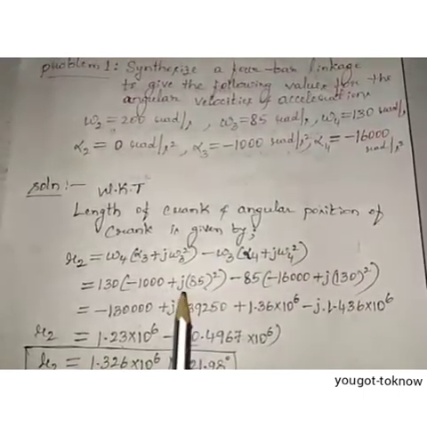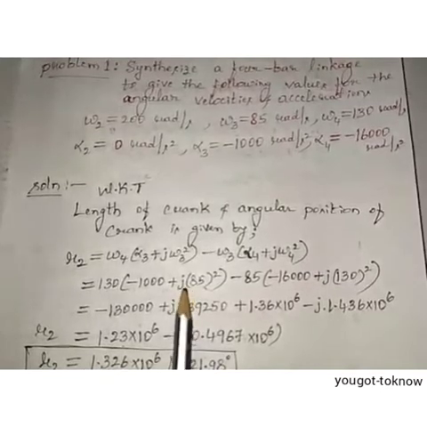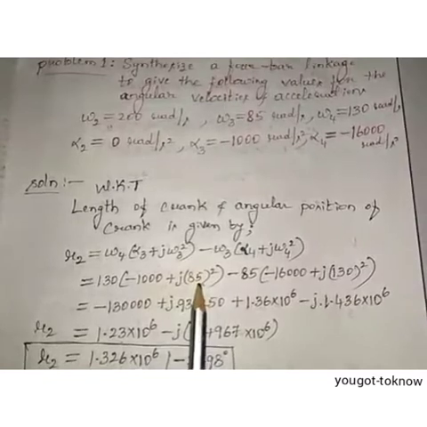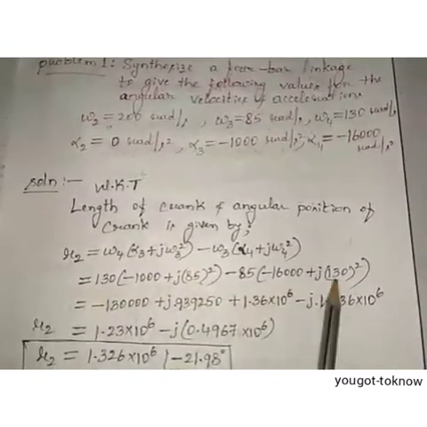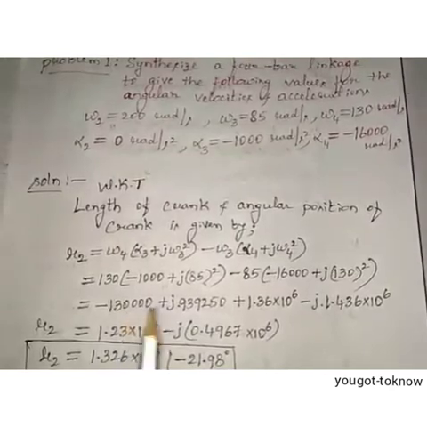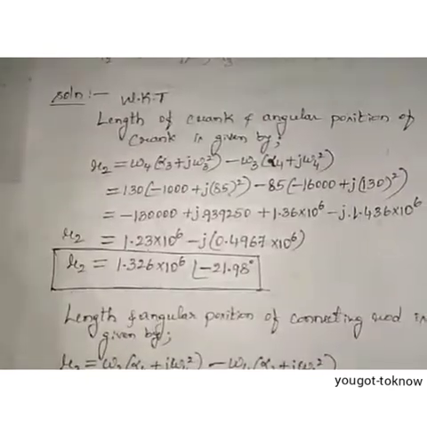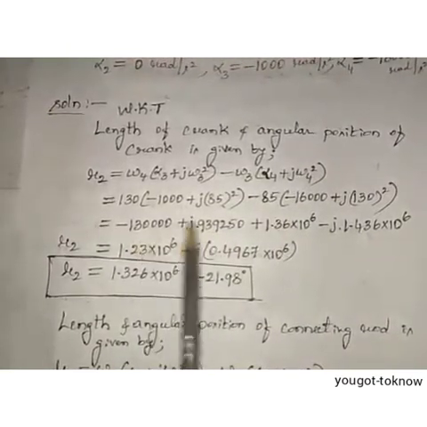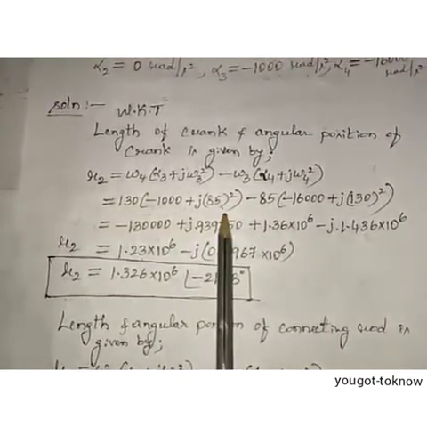Here J indicates the imaginary terms, real and imaginary terms. While simplifying this equation, be careful. Find the values in terms of real and imaginary. Real and imaginary terms are the two terms while simplifying.